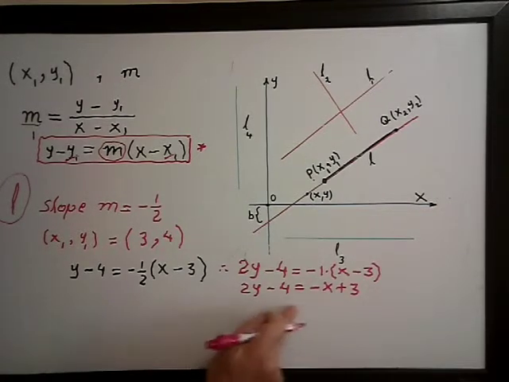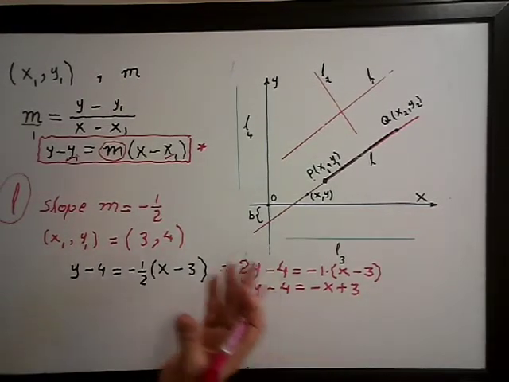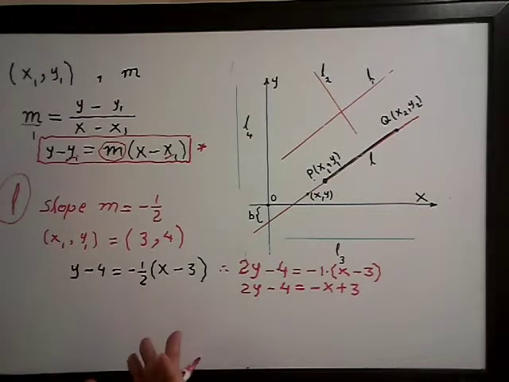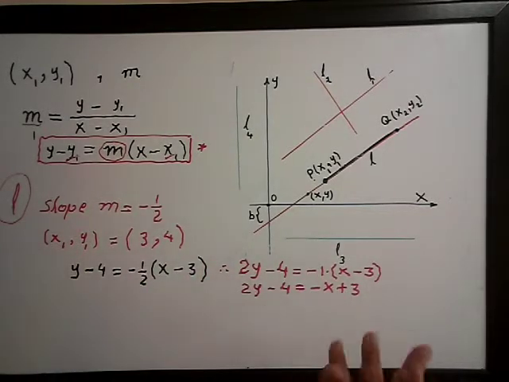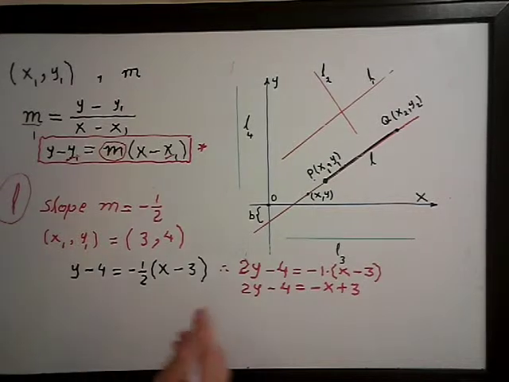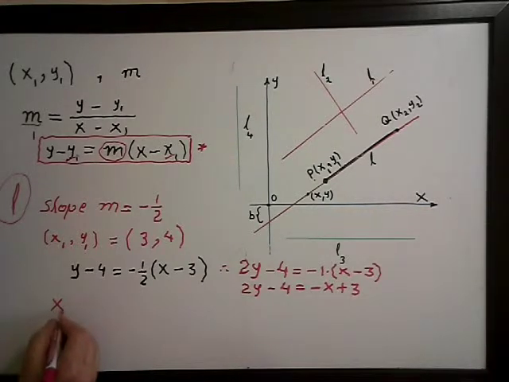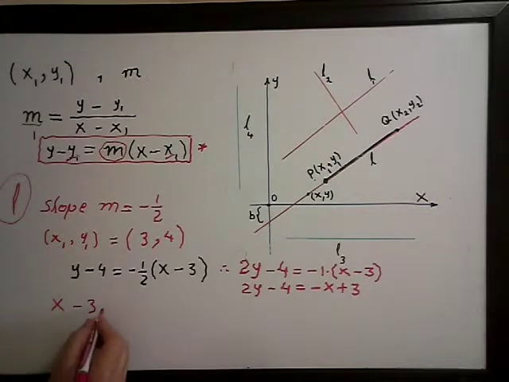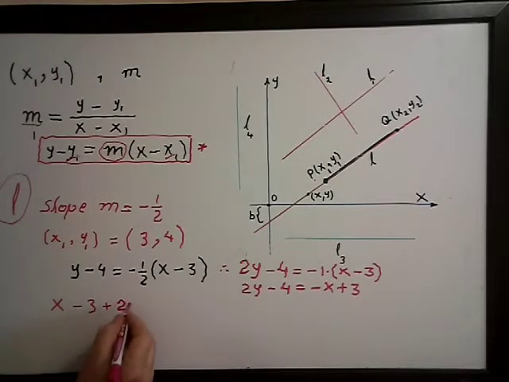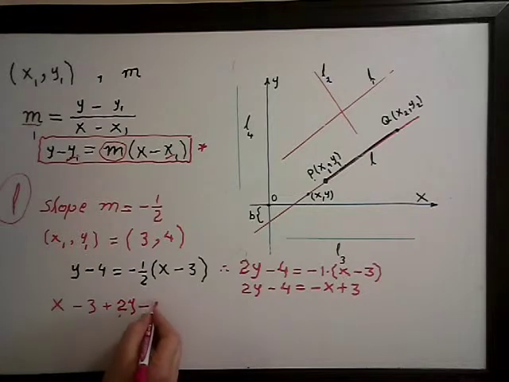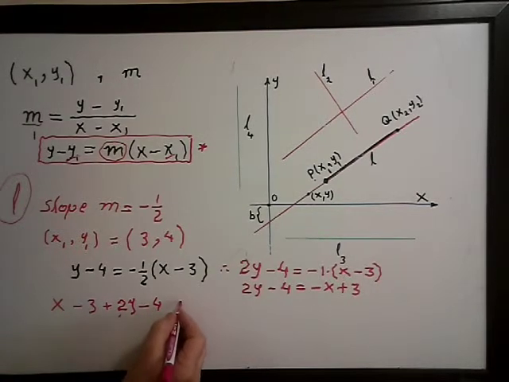Then arrange the equation to be all the terms in one side and the other side is 0. So we can get x, negative 3, plus 2y, negative 4, is equal to 0.